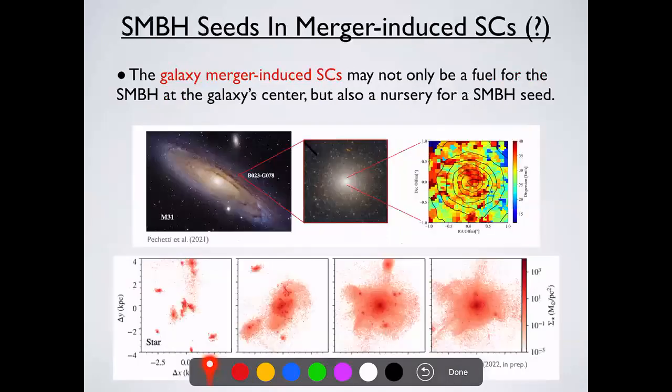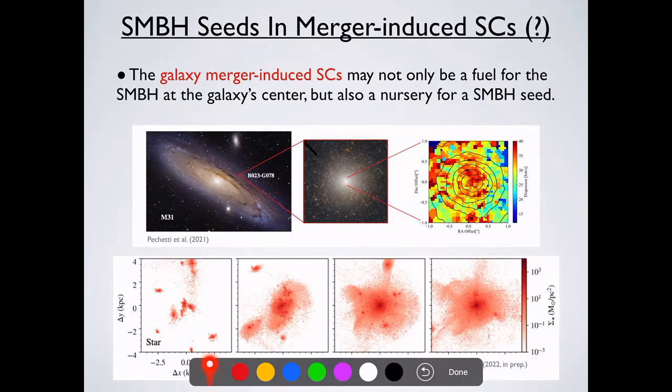And these star clusters can actually be fuel for the supermassive black hole. I talked about the Eddington limit, but the Eddington limit acts only on gas, because it's about radiation pressure pushing the gas away.